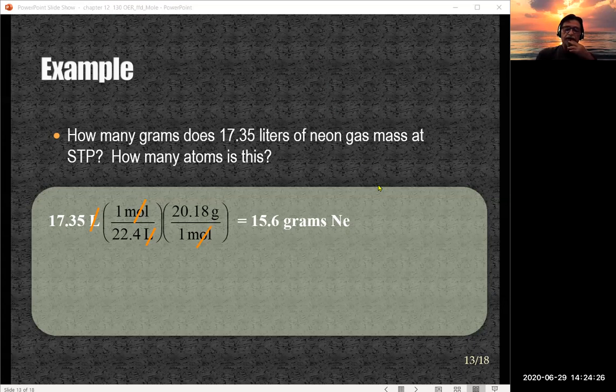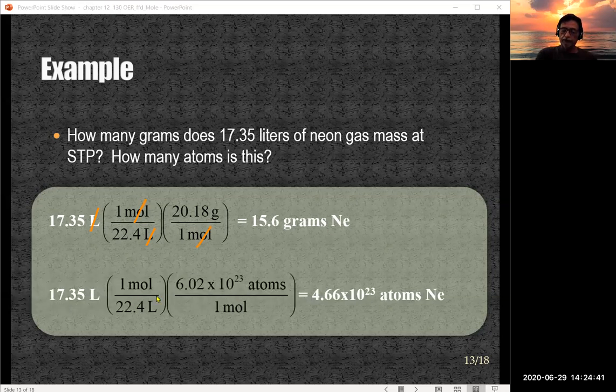So now they ask, how many atoms does this consist of? How many atoms is 17.35 liters? So set up the same thing. We write down what we're given. I've got to get to moles, so I still use the 22.4 liters per mole relationship.